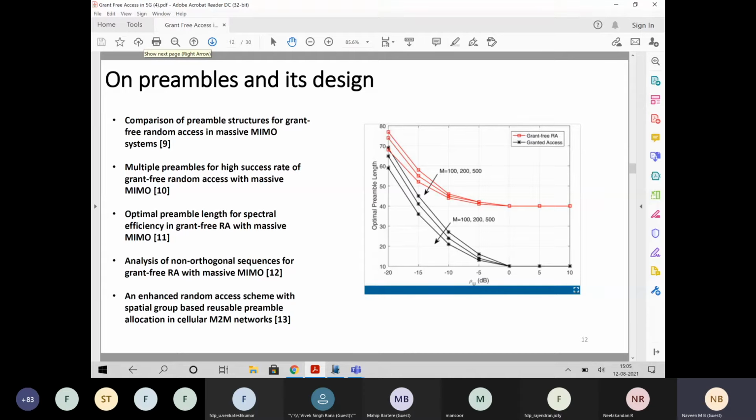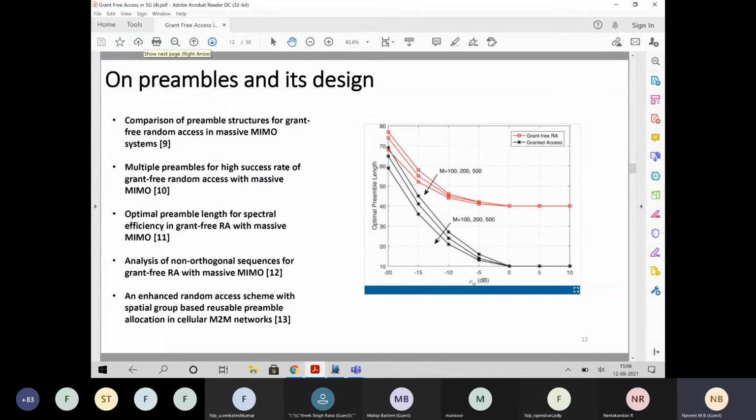Again, people first thought, let me design such preambles for massive MIMO scenarios. So they took massive MIMO, put grant free there, and also designed better preambles. They had very good success with it. Then people went to the extent of deriving the optimal preamble length, that is, the number of samples your preamble should contain so that it performs very well.